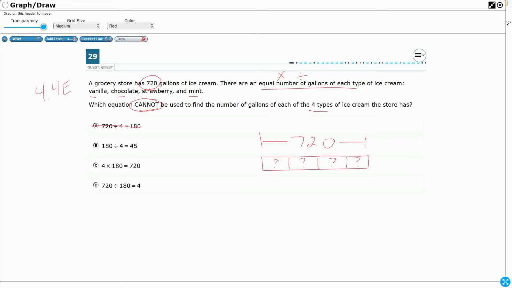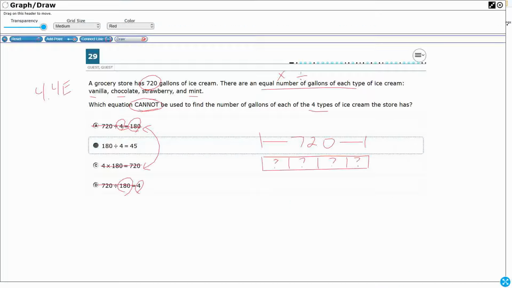That doesn't look like that's the same. Look, 4 times 180 equals 720. This is the inverse of this right here. These two go together. And then this 720 divided by this is a fact family, right? It just flips those two numbers, the divisor and the quotient, and that's fine. And so you see the one that sticks out is B.